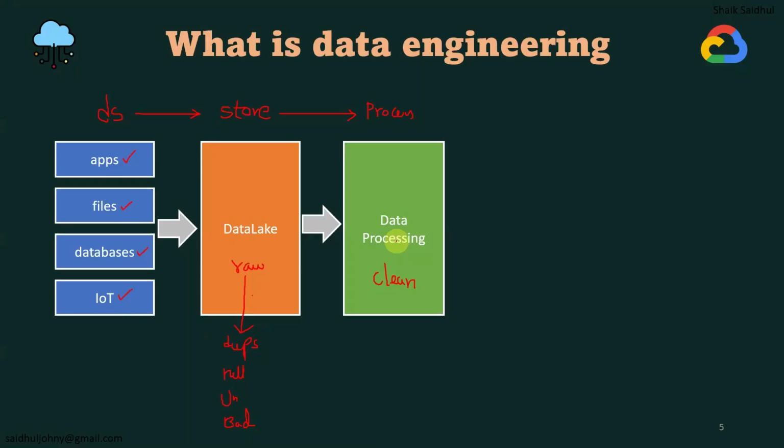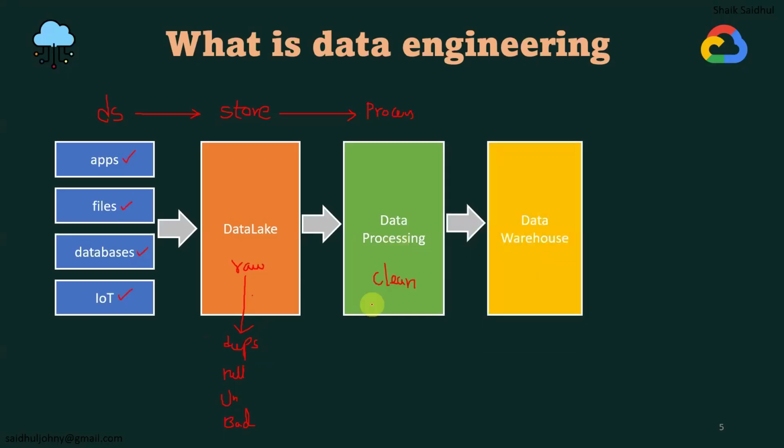You can use those frameworks to process the data, and the data will be clean now. Once the data is cleaned, then we can go for the analysis. Once the data is properly cleaned, we are going to store this data again, and to analyze this data, we are going to move it to the data warehouses.